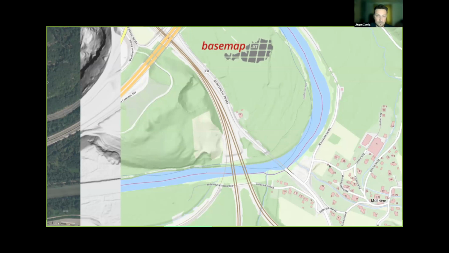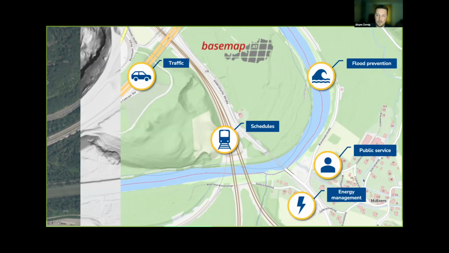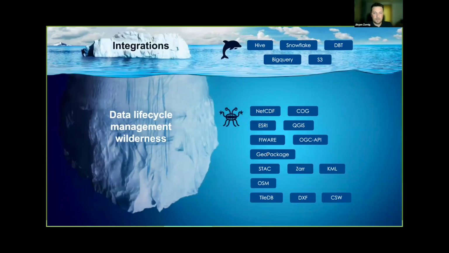As I said, we also want to incorporate IoT sensors like traffic, railway schedules, water level measures, or any other thing until your private energy management in your neighborhood. So all this data comes from different sources and in a lot of different formats or APIs or whatever.